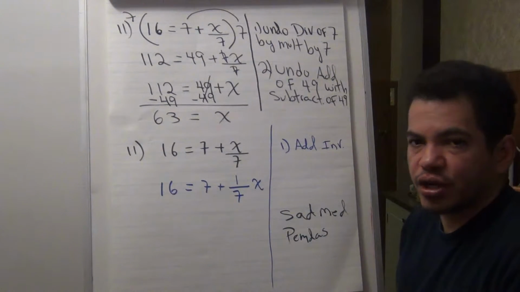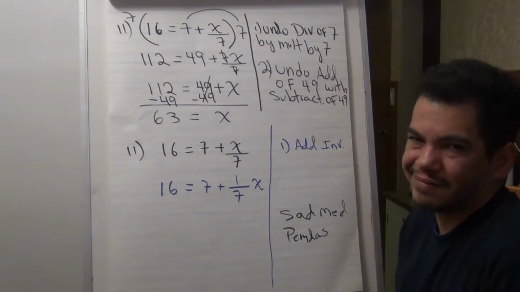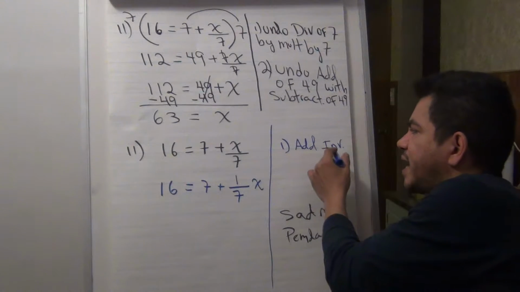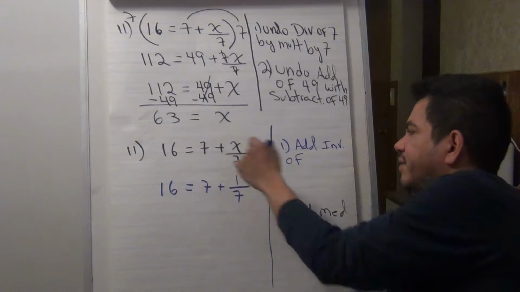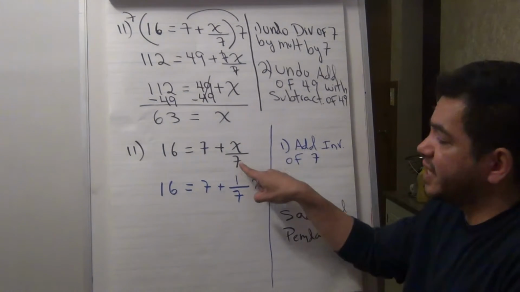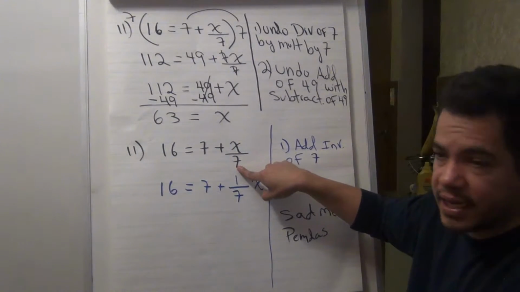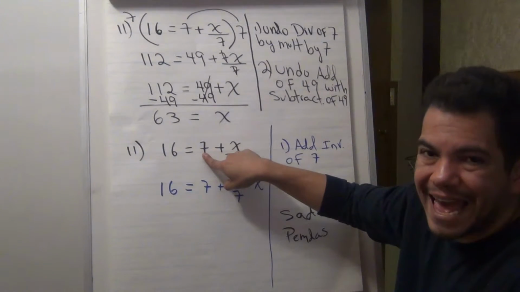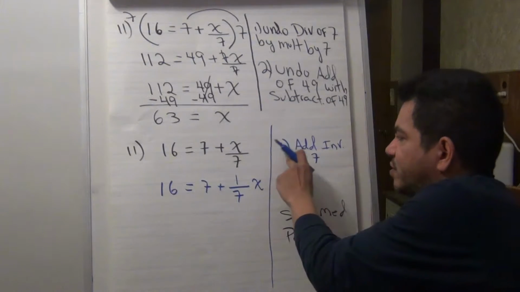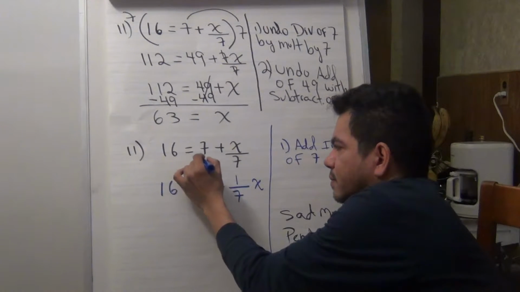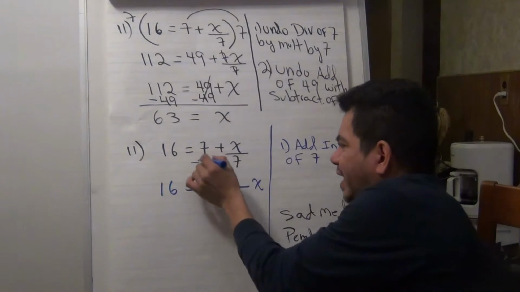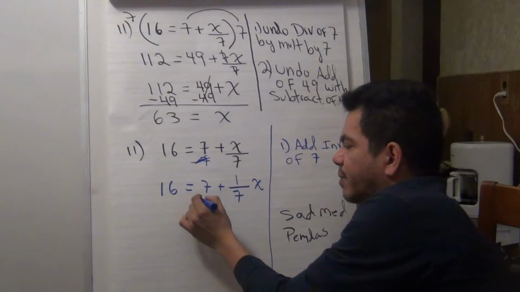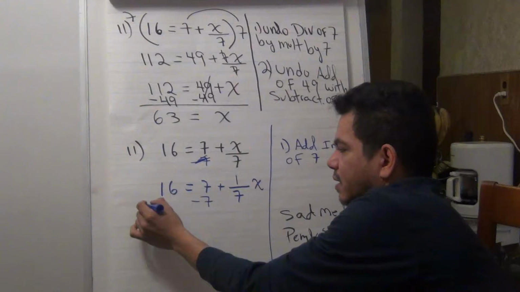The additive inverse is only used on numbers that are adding or subtracting. Right? So I'm going to use the additive inverse of 7, because definitely this 7 is just dividing. This is the 7 that is adding. I'm going to use the additive inverse of 7.